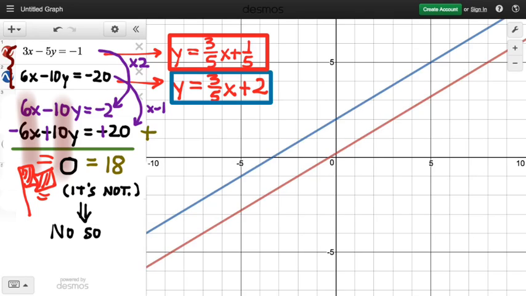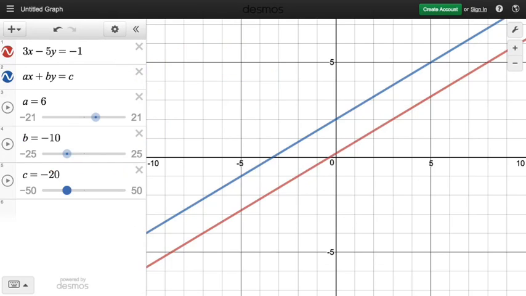We conclude that this system of equations has no solution. Whenever all of your variables disappear and you're left with something false, that means our system has no solution. It's not possible to satisfy this pair of equations with the same x and y. Graphically, we have two parallel lines that have no points in common.